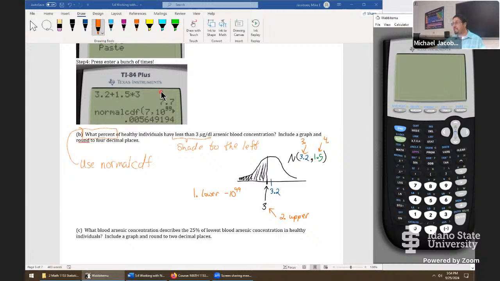We'll just repeat the step-by-step instructions we saw here on the last problem. It starts with second key and the bar symbol. Then go down to normal CDF and enter on this one. We have the prior information, so we just need to change to negative 10 to the power of 99. But watch out for this in the calculator. You can't use the subtraction symbol.